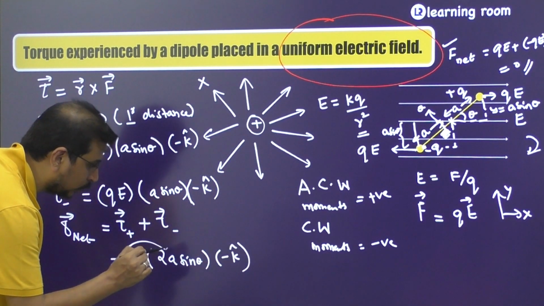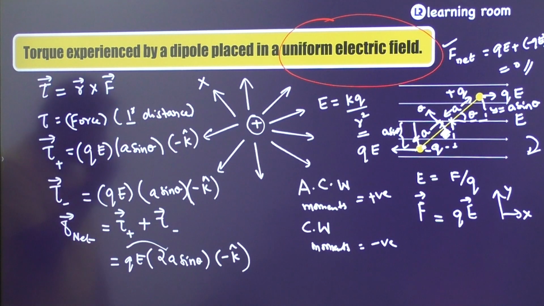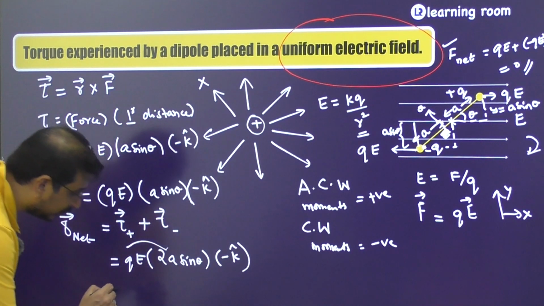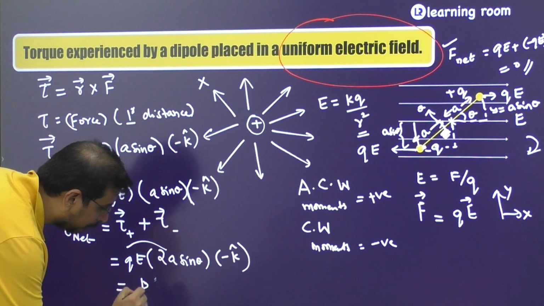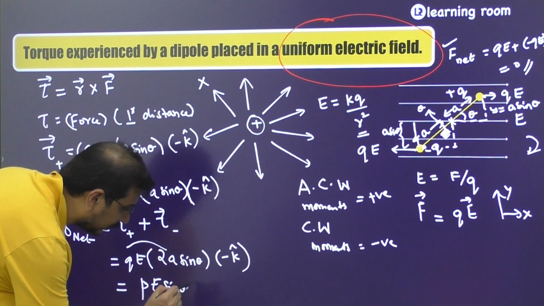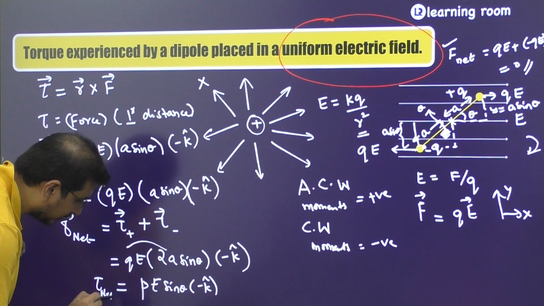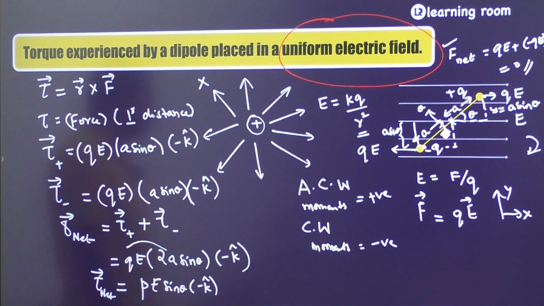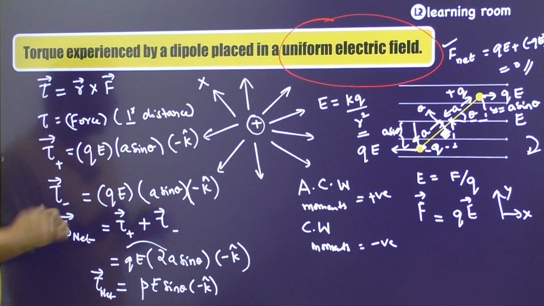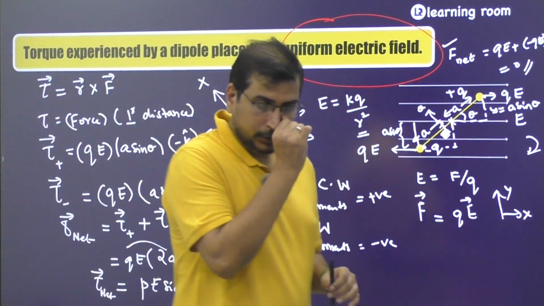This Q into 2A, you already know, is the dipole moment. So this gives me dipole moment P E sine theta with a negative k cap, and this is the net torque acting on the system in vector form. So first copy it till this step. I have something important to tell you after this.